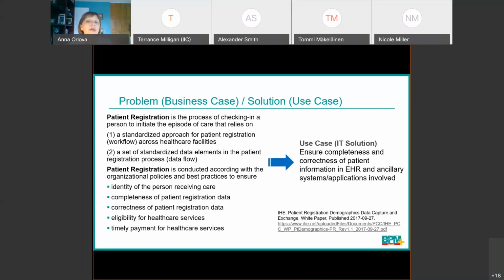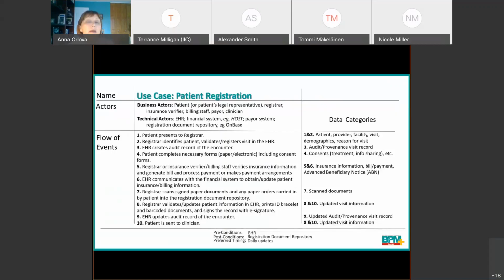And because our use case was using the EHR to ensure completeness and correctness of that process, we actually took the use case developed by AHIMA members in this white paper that I pointed out before.